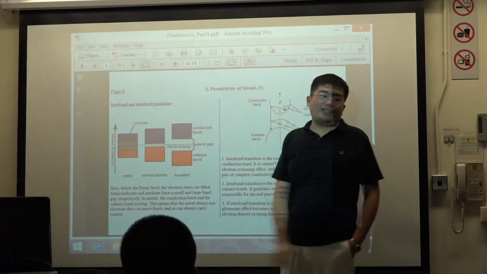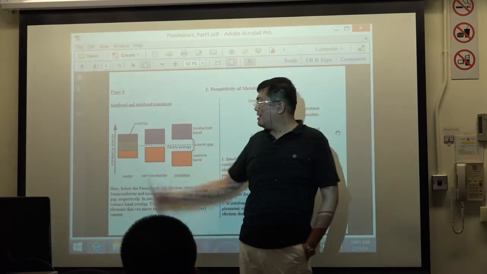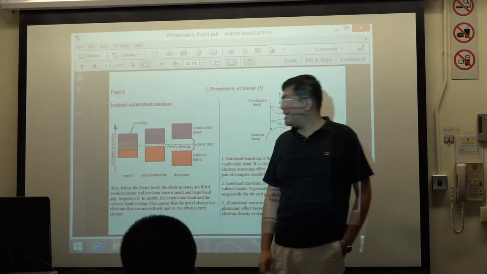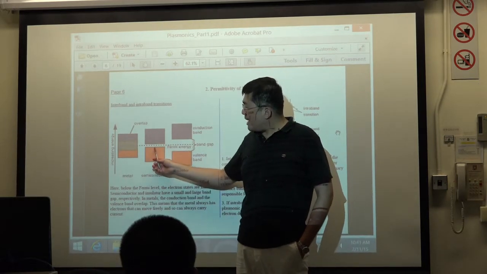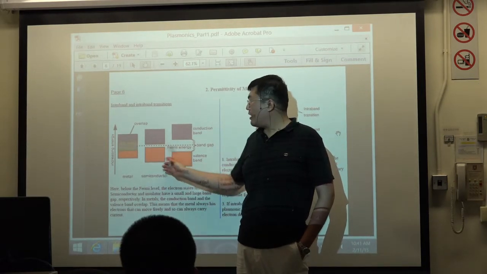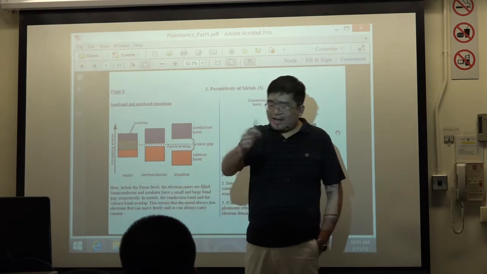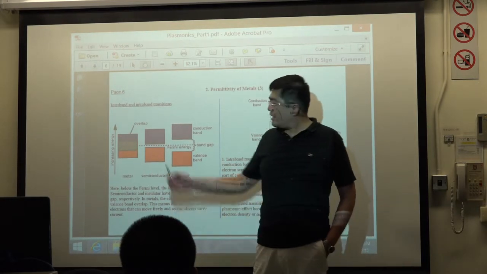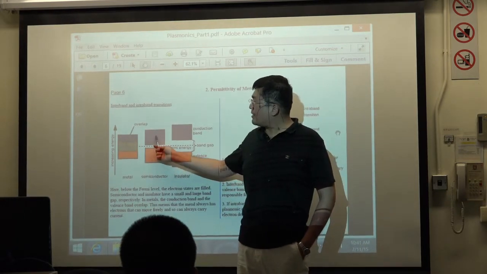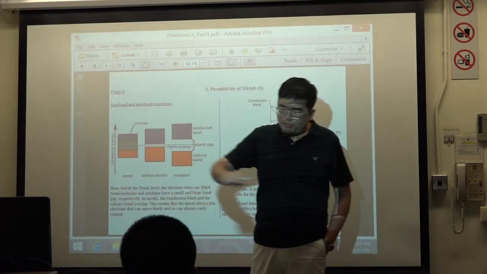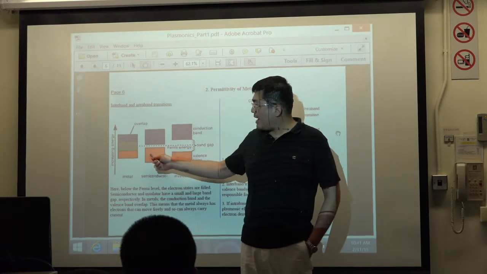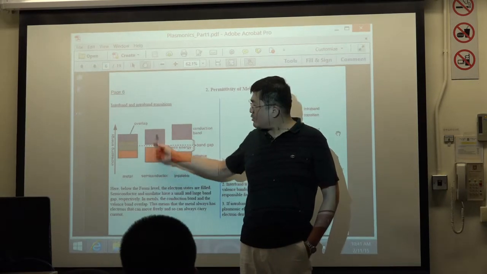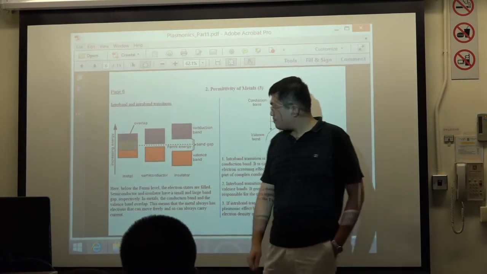Semiconductors like silicon, maybe gallium, the band gap is medium, not too large. So when you shine your light, the electron can jump to the conduction band, then it can move and become a free electron. The remaining part is a hole, right?